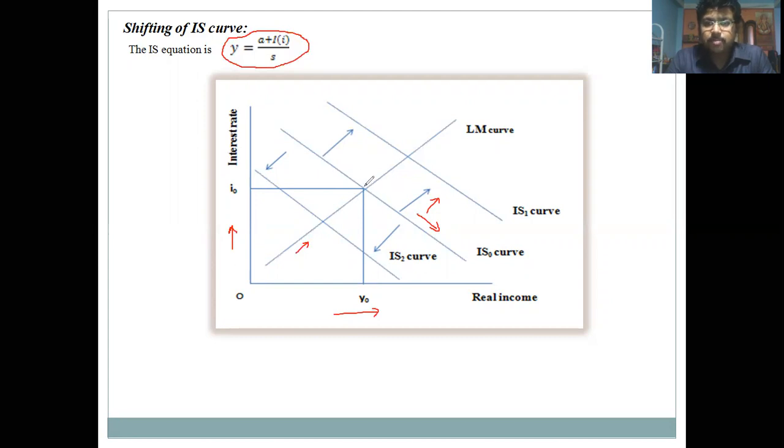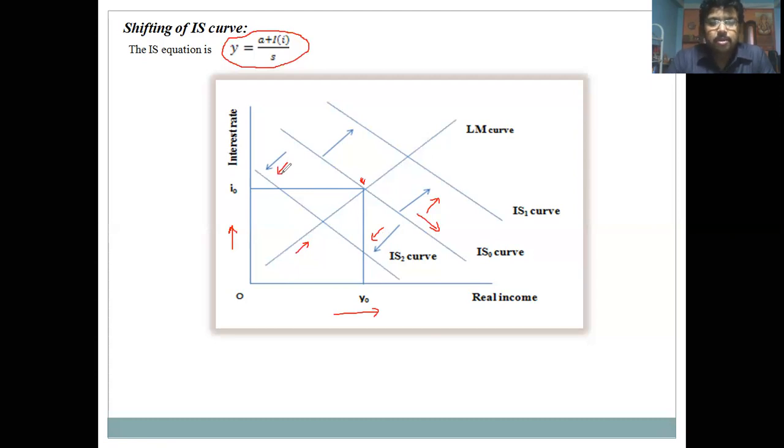The goods market as well as the money market is in equilibrium at this point. Suppose this is point E, the equilibrium point. Now, if new investment is found profitable, then the IS0 curve will shift up. And if new investment is found not profitable, then the IS0 curve will shift towards the origin. Hope you understand.